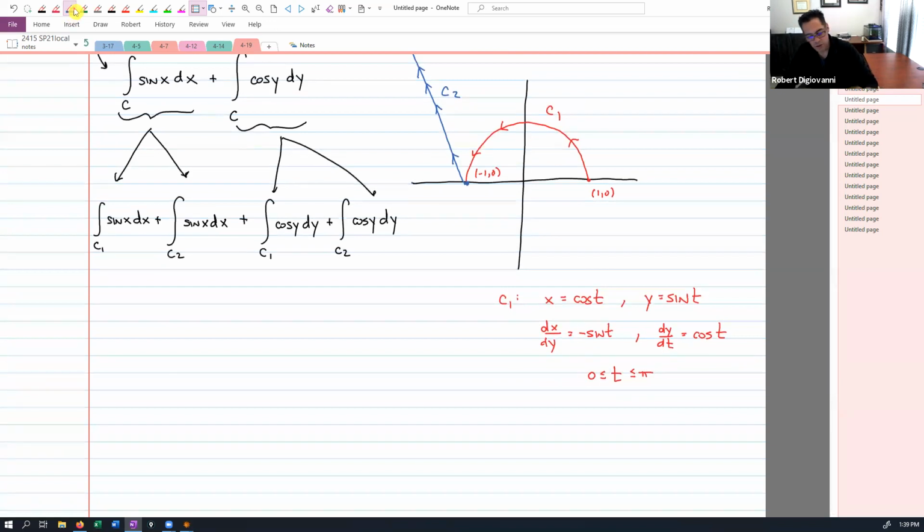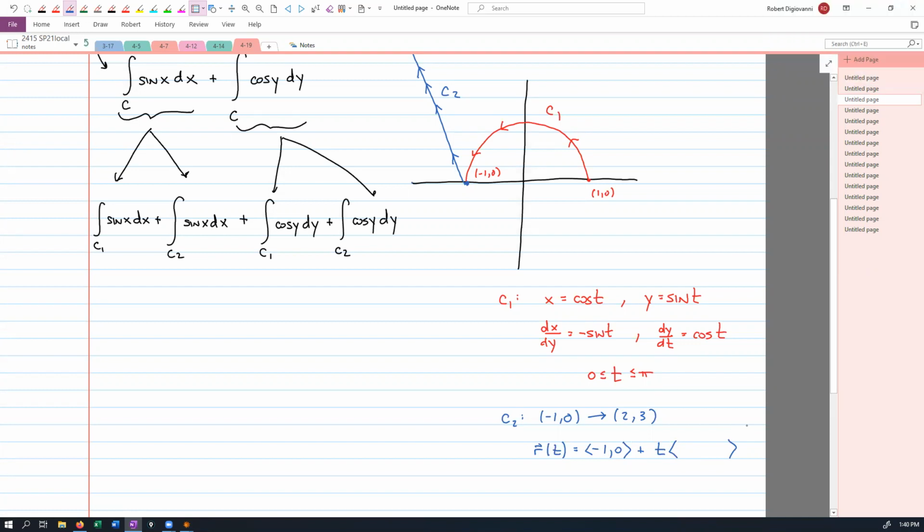All right, for C2, it's a line segment that goes from -1, 0 to the point -2, 3. That's a line segment, so I'm going to do a vector equation. I'm going to start at -1, 0. What's my direction vector? -3, 3.